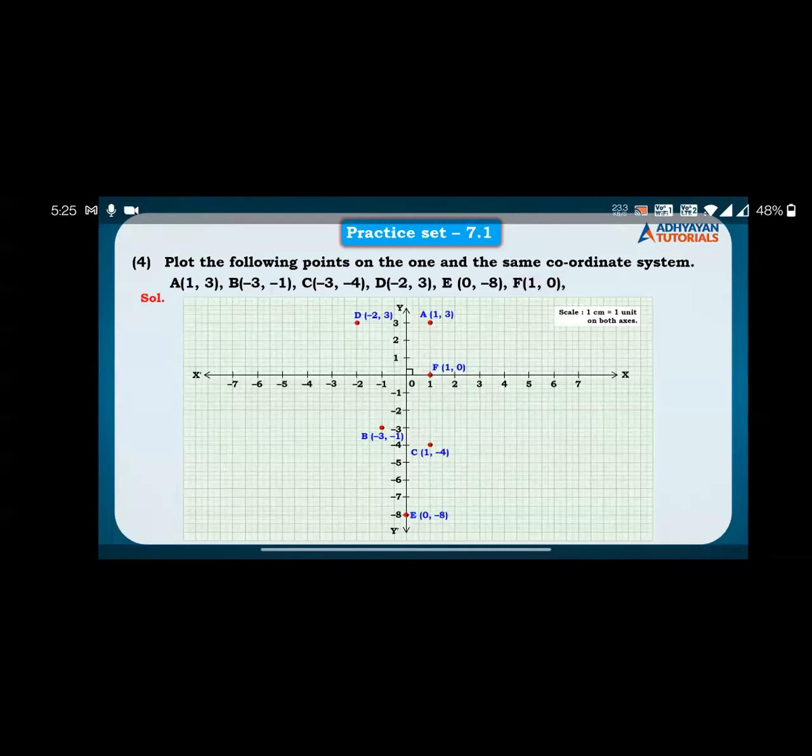So it is 5:25, exactly 5:26 and a half, maybe. I'll just stop with the session and I'll unmute those kids who have any doubt in today's session, and then we'll stop.